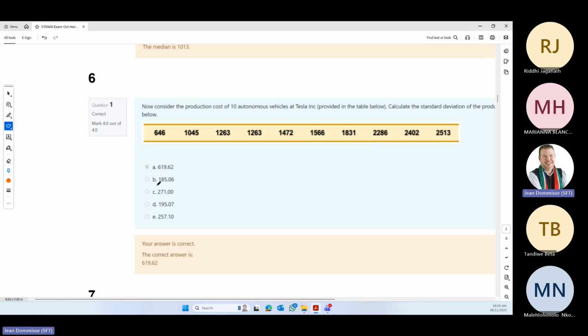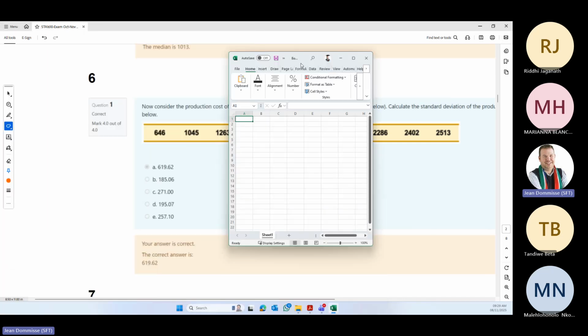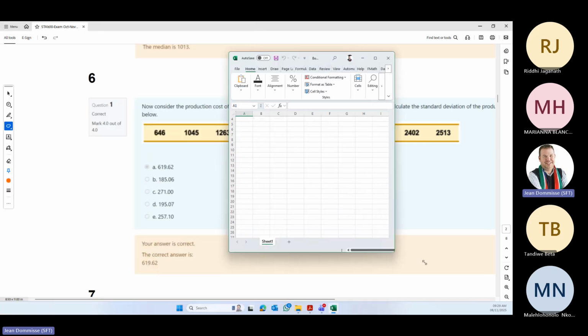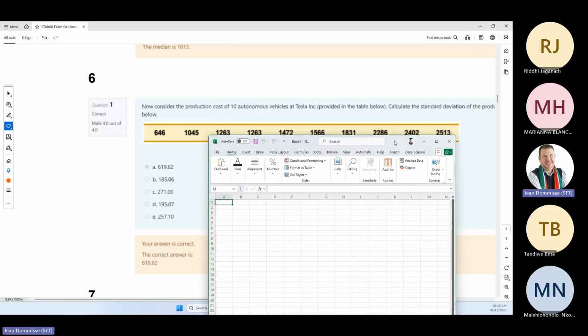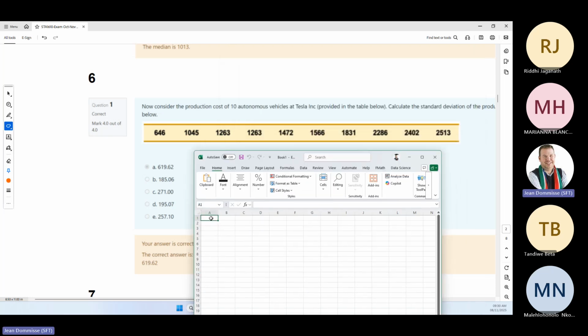Okay, so now, unfortunately, here again, it's going to take lots of time to calculate this by hand. If your calculator can do it, great. Else you can use Excel. So let's just put these numbers in and then I will make it bigger again.